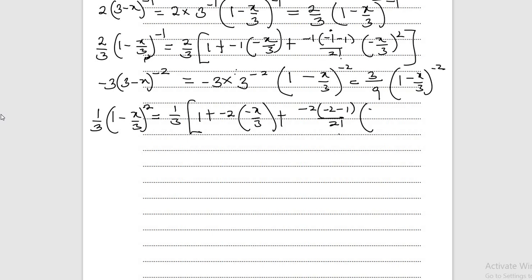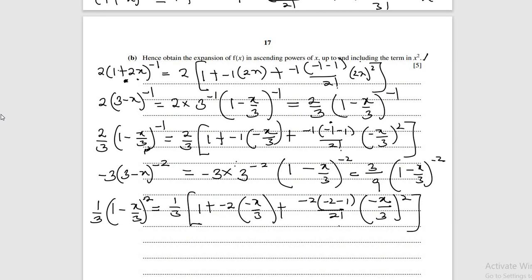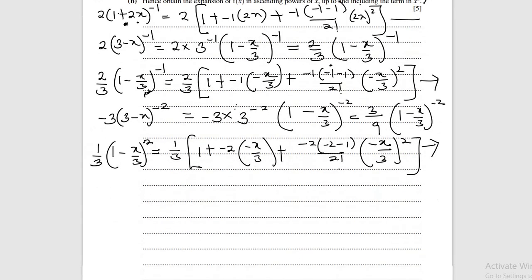Why I'm stopping at minus 2 is because the question asks us to stop at the power of 2. This is it. So these are the 3 expansions. This is the first one, this is the second one, this is the third one. So we're going to add them together.